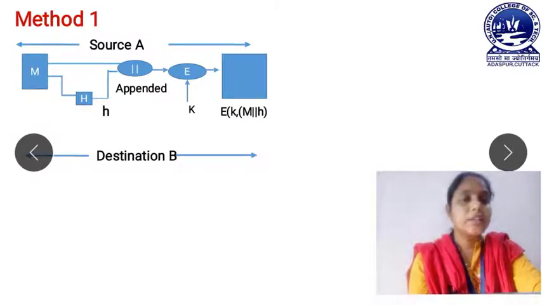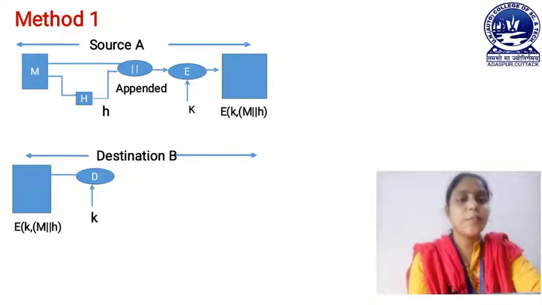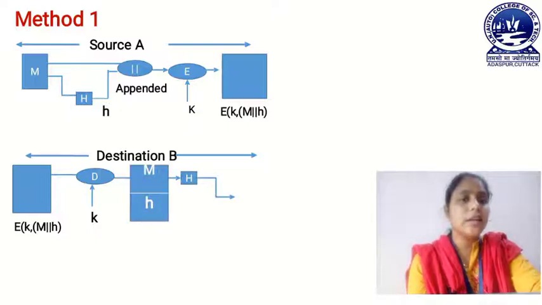In the destination B, when the destination B receives this message, first of all it applies the decryption algorithm by using the key, that is K. After decrypting this message, it generates the appended message which was generated by our source. Now this is the appended message.